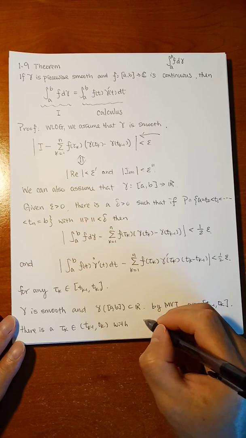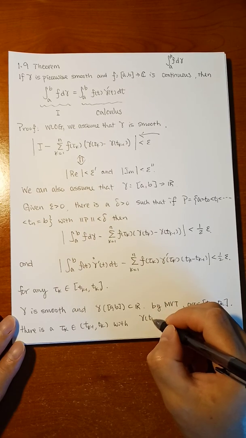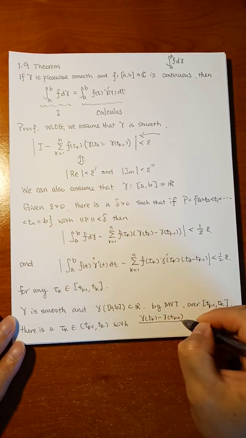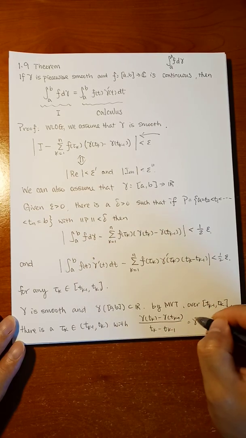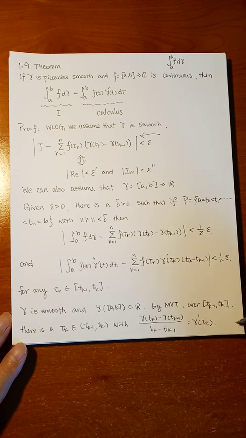The gamma(t_k) minus gamma(t_{k-1}), over t_k minus t_{k-1}, is equal to gamma prime of tau_k, right? This is exactly the mean value theorem.